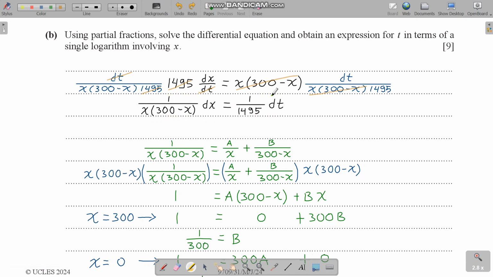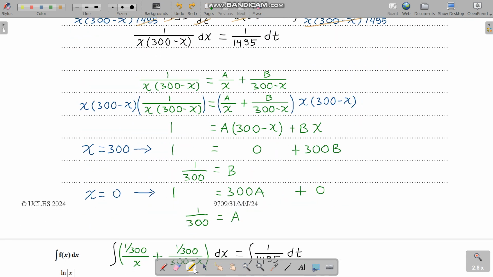Now we need to do partial fractions decomposition for the left-hand side. We need to identify the form to use. This is a simple linear case, so we use something over x, something over 300 minus x.